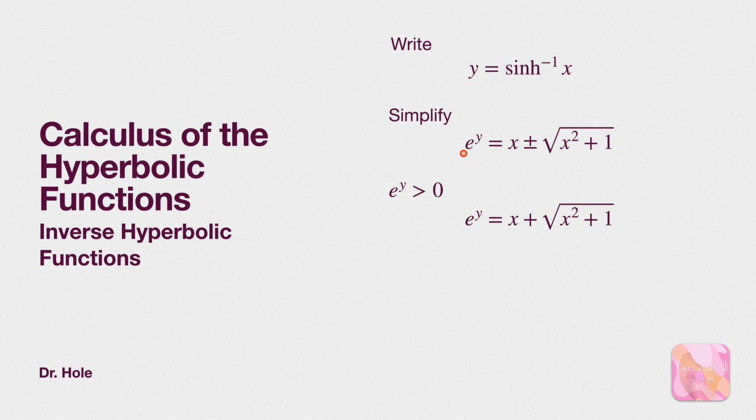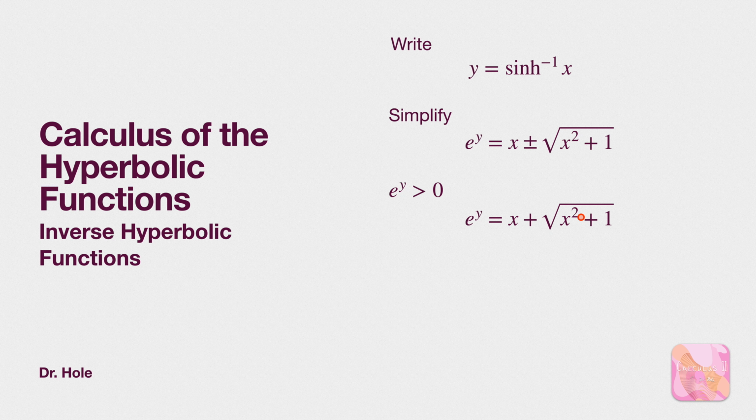Something very, very nice about the exponential is that it is always a positive value. We're trying to investigate this guy y, which is supposed to be a function. So having e to the y be this plus or minus is a little bit concerning. Oh, but e to the y is always positive.